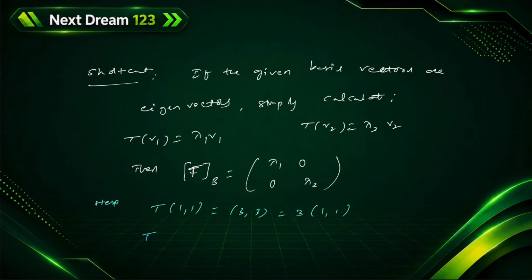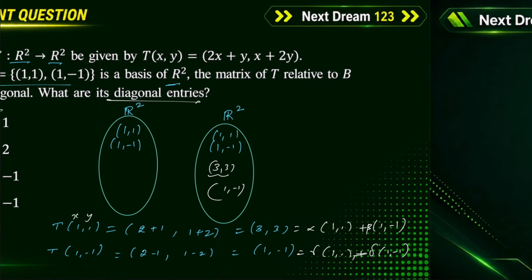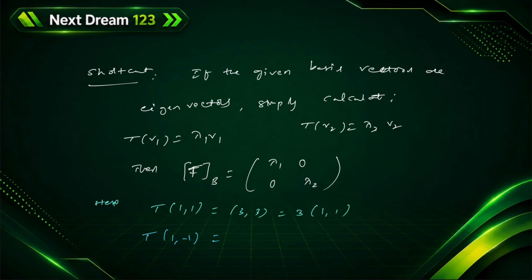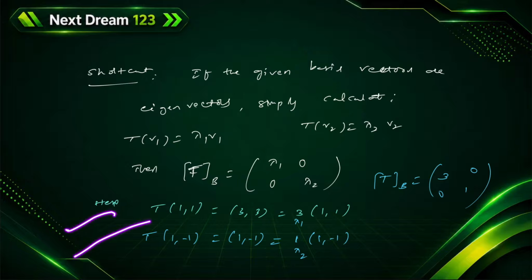Similarly, T of 1 comma minus 1, after simplifying, we got 1 comma minus 1 only. That is nothing but 1 into 1 comma minus 1. So my matrix becomes lambda 1, lambda 2: 3, 1, 0, 0. This is a direct shortcut.